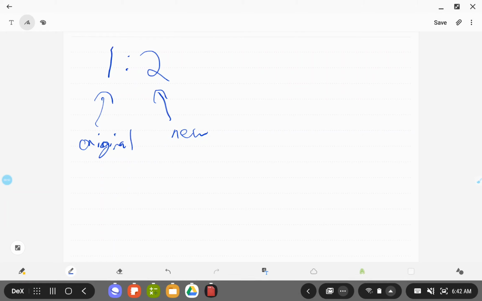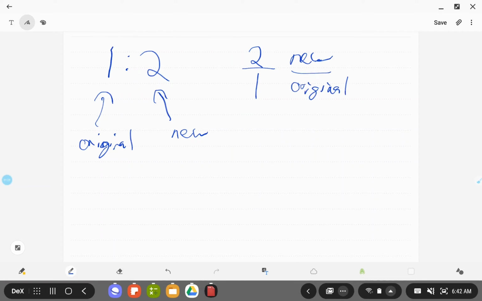If the original was 10 inches long, the new would be 20 inches long. So for every one of the original, there's 2 of the new. If you were to do this as a fraction, you'd be looking at 2 over 1, because you're doing new over original, because that's the way we've been doing it in class. That's the standard, new over original.